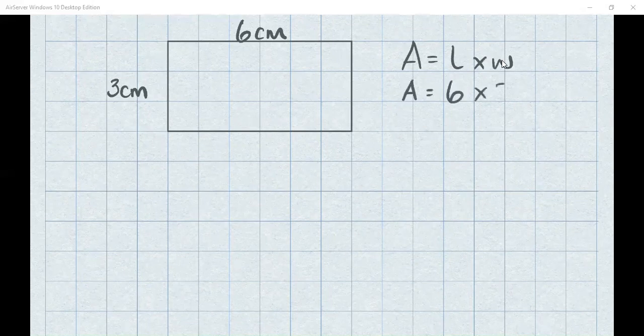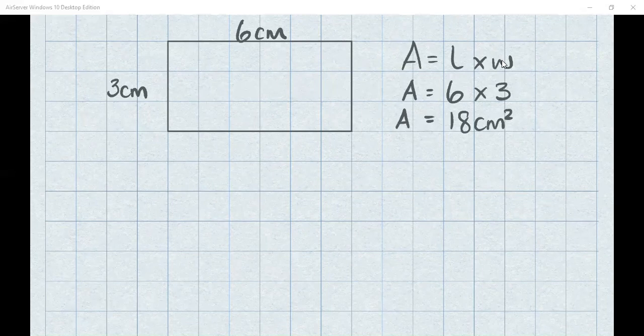So 6 times 3, which is 18 squared centimetres. So the area is 18 squared centimetres. Now, if I was to count all of these squares inside, I would find 18 of them: 1, 2, 3, 4, 5, 6, 7, 8, 9, 10, 11, 12, 13, 14, 15, 16, 17, 18.